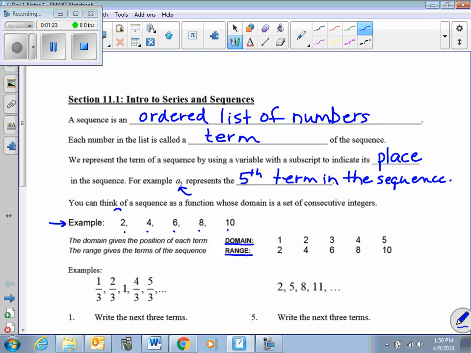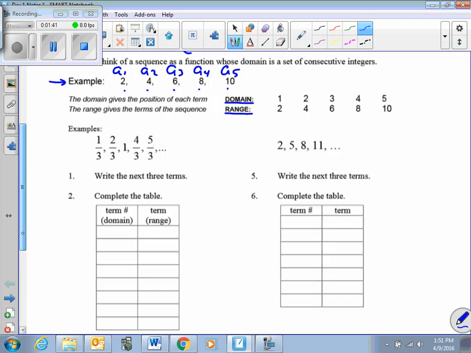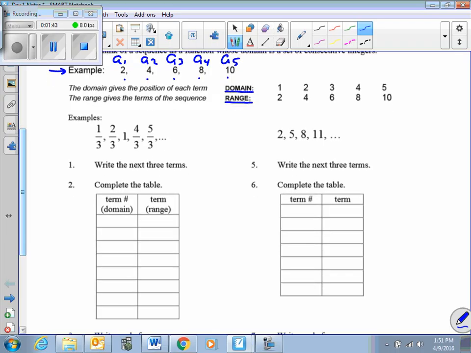So a sub 1 is 2, a sub 2 is 4, a sub 3 is 6, a sub 4 is 8, and a sub 5 is 10. So our domain here would be 1, 2, 3, 4, 5, and the range would be those terms 2, 4, 6, 8, and 10.